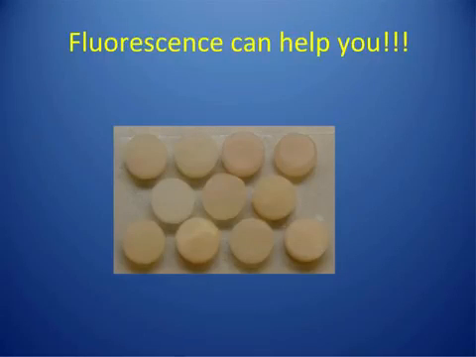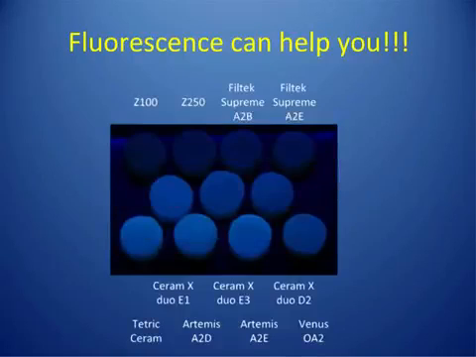So we can use fluorescence to our advantage. Several schools are actually utilizing blacklight flashlights. University of Buffalo is one, teaching their students that upon completing the initial preparation, we then shine an alternate light source onto the tooth structure and identify for ourselves any residual composite.